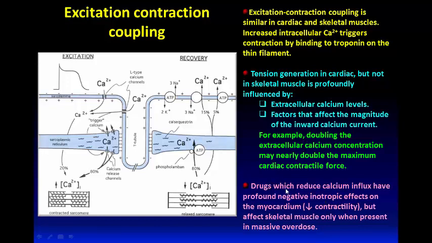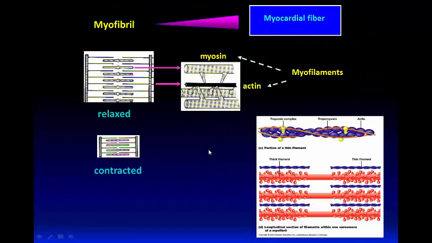These drugs will reduce the calcium influx and thus will have profound negative effects on the contractility in cardiac but not in skeletal muscles. They would affect skeletal muscle contractility only when they are present in massive doses.